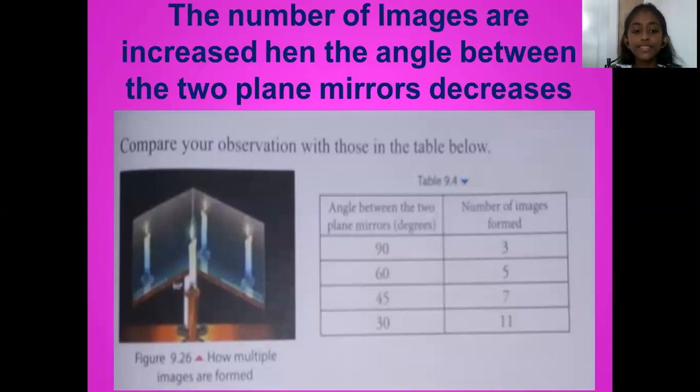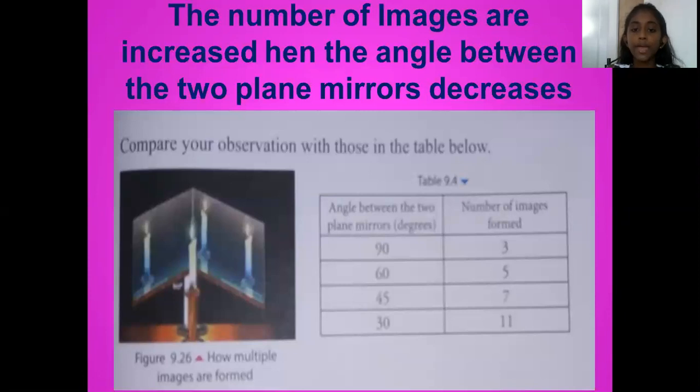Now here you can see two mirrors. There are two mirrors actually, and in front of that there is a lighted candle. So this lighted candle, when it reflects towards these two mirrors, we can see more and more candles.